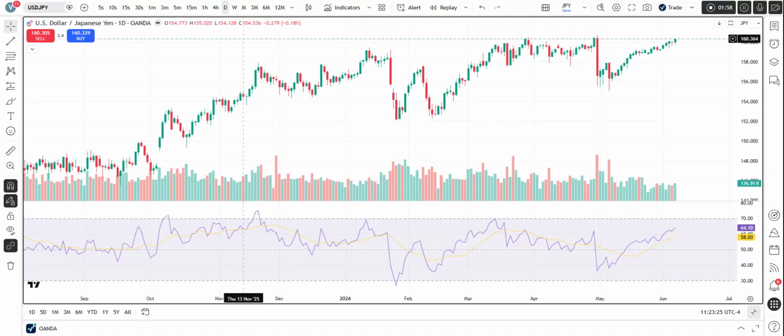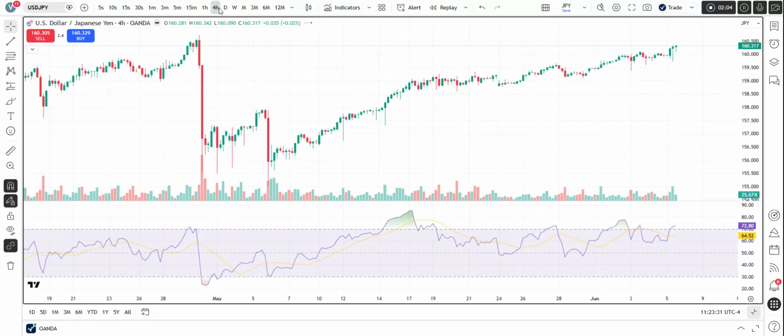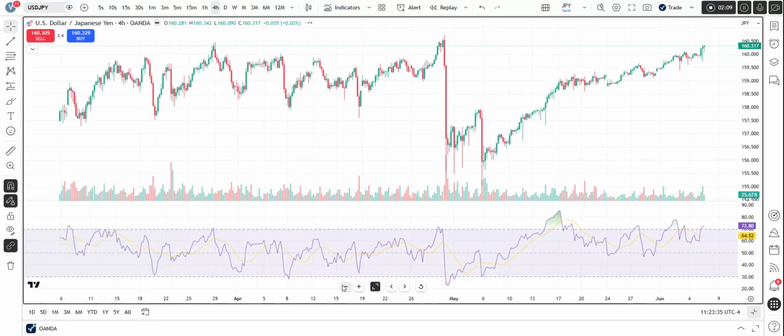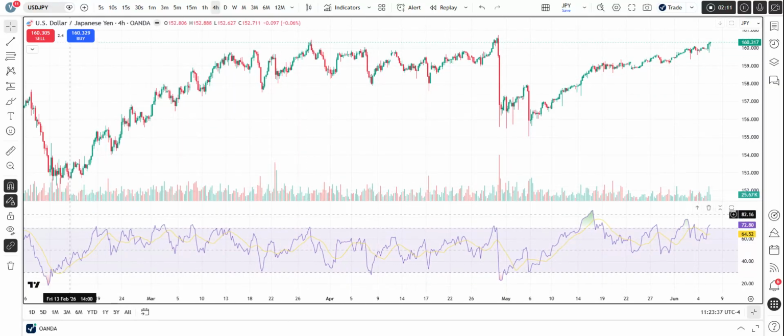But if we go down, let's go down to the 4 hours. If we start down here, we got a 1-2 multi pattern, 1-2, 1-2, 1-2, and then it takes off.